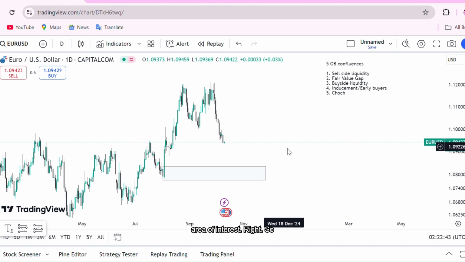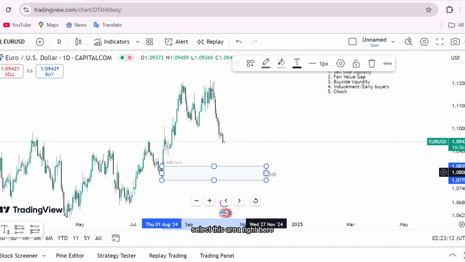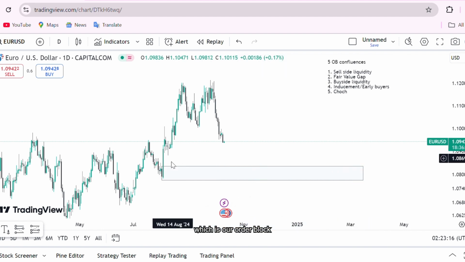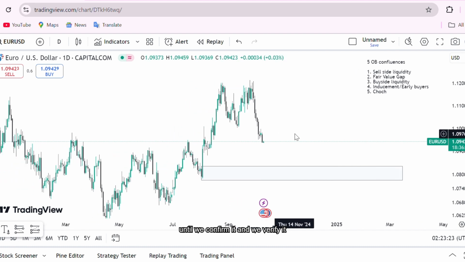Remember, each and every time there is a fair value gap, it always goes hand in hand with an order block, right? So that's how I managed to select this area right here, which is our order block for the moment, until we confirm and verify it, right?